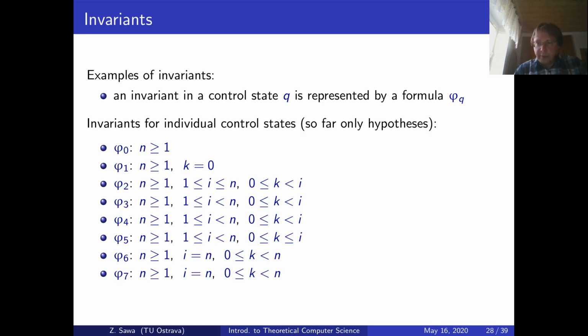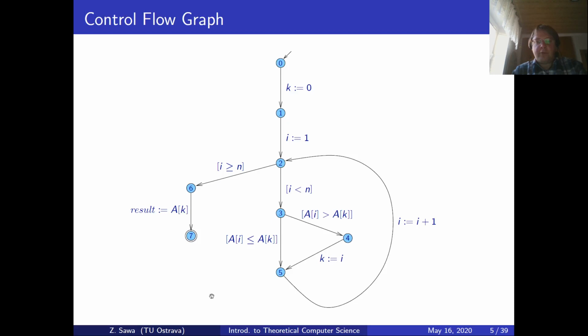So the algorithm could not get to some configuration where some invariant would not be satisfied in the corresponding control state. In particular, in this example, if we check that all these invariants are correct in this sense, then we could be sure that there is no access which would be out of bounds, because in fact the only accesses to arrays are here and here.